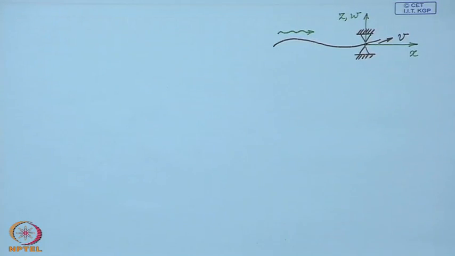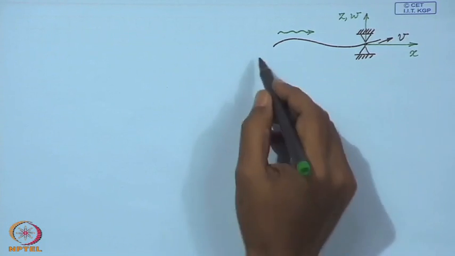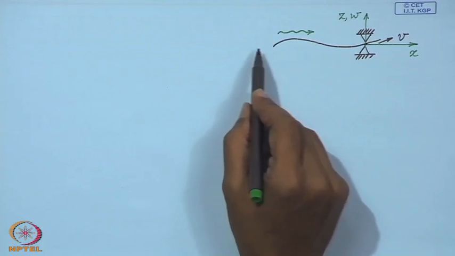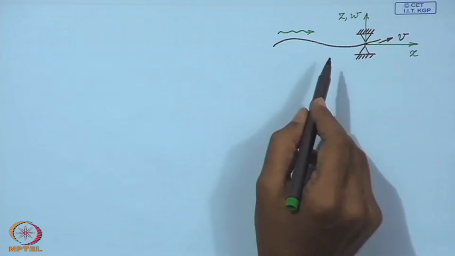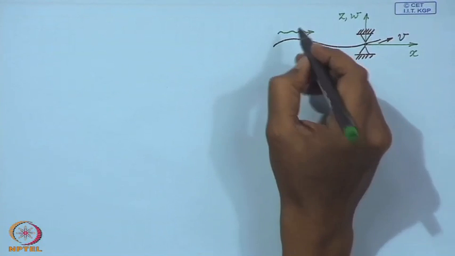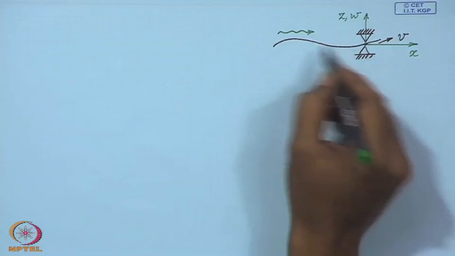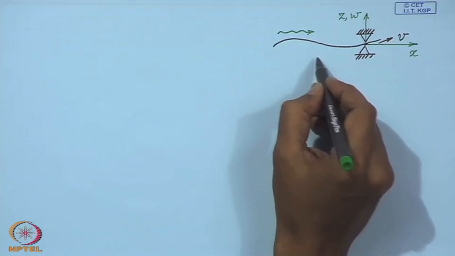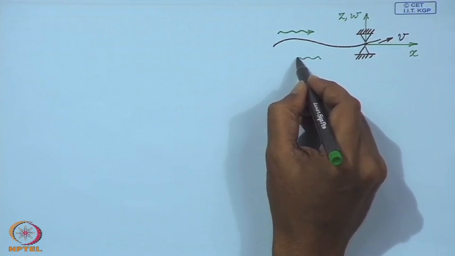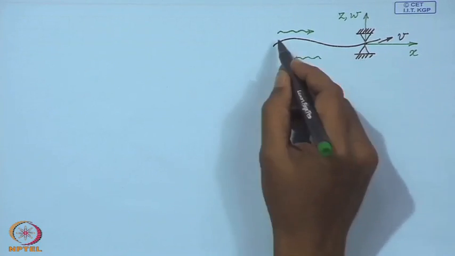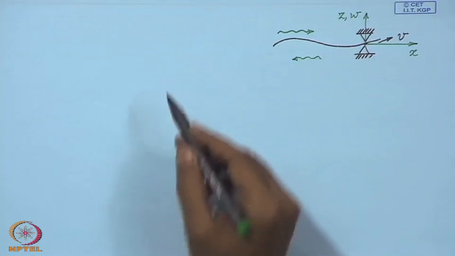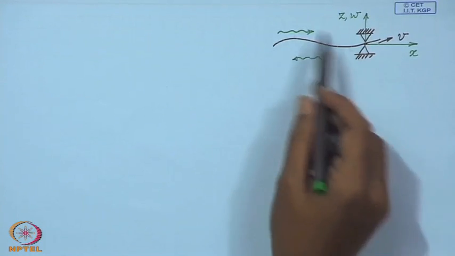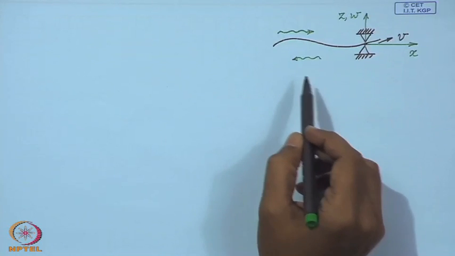So, this is a semi infinite string. We will consider a semi infinite string, and there is a wave incident from minus infinity. It is a harmonic wave, a positive travelling wave incident at this boundary, and what we expect is that there will be a reflected wave once this hits the boundary. So, there is going to be a reflection. We are going to study how this reflection process takes place.